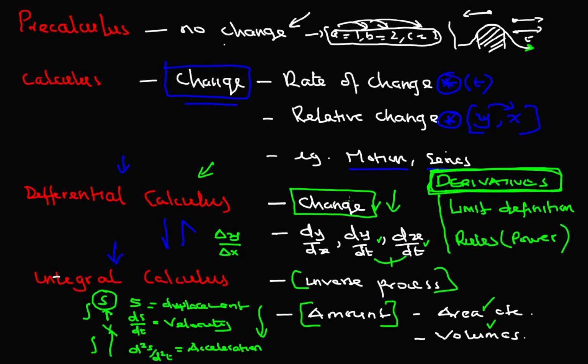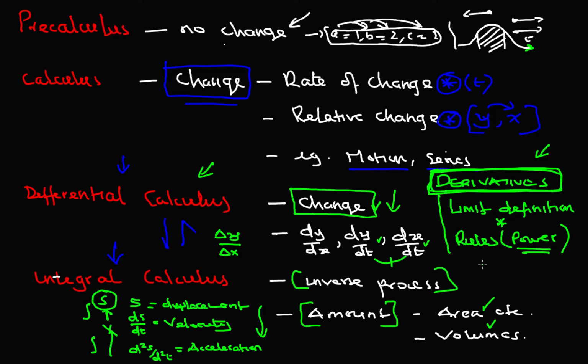If we want to understand differential calculus, we have to understand derivatives. And how do we understand derivatives? I think the best way, and that is just an opinion, there are several ways you can understand this, but I feel that the best is to look at the limit definition of derivatives, and then you look at the rules. But not all the rules at first. You have to understand the power rule first. Then the power rule splits into everything else.